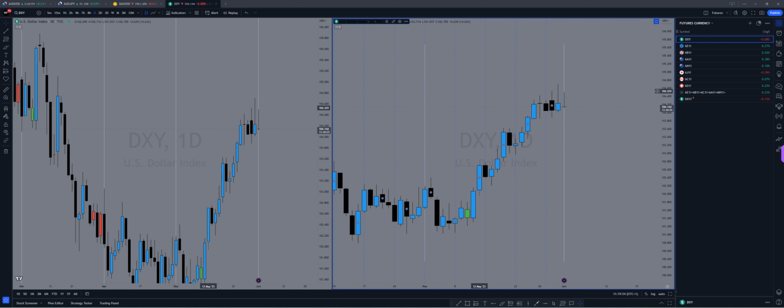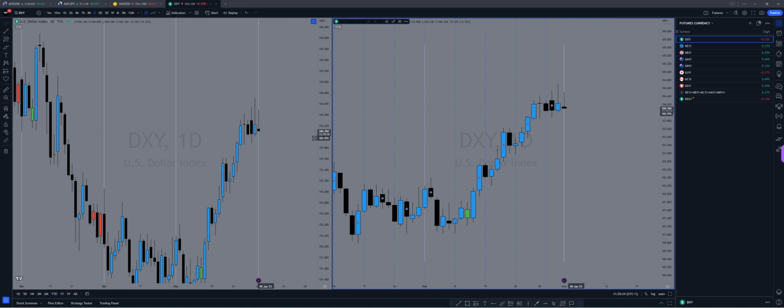Now there's three ways that I do this. The first one was inspired by ICT when I was doing the mentorship back in 2018, and he described it as looking at the dollar index and looking at the other currencies to see which one is strong versus which one is weak. I think by now everybody knows that lesson.